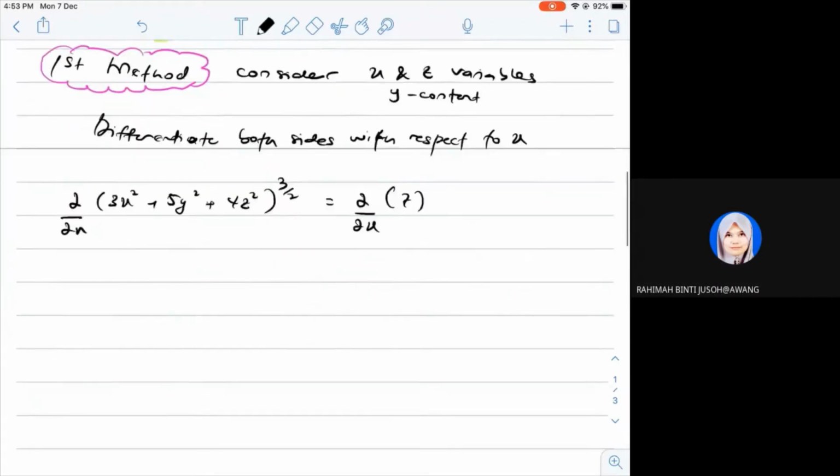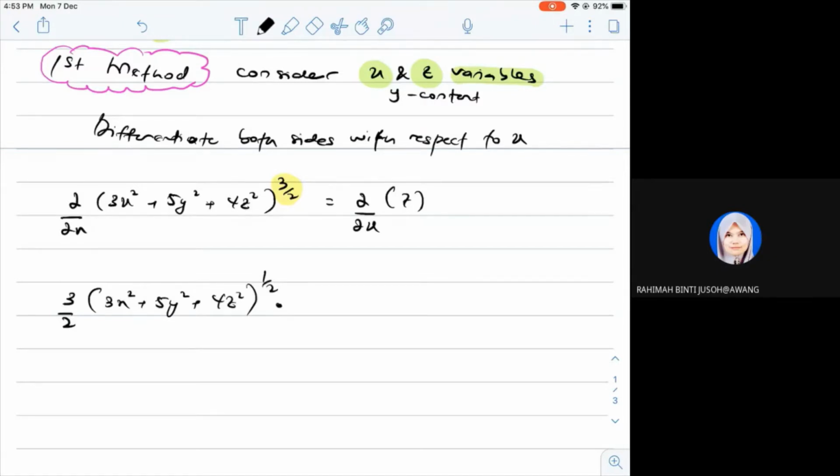Now, as I mentioned earlier, we consider x and z as variables. So differentiating this, we will have 3 over 2, bring the power to the front, and then copy everything: 3x squared plus 5y squared plus 4z squared to the power of 3 over 2 minus 1, so it becomes 1 over 2.